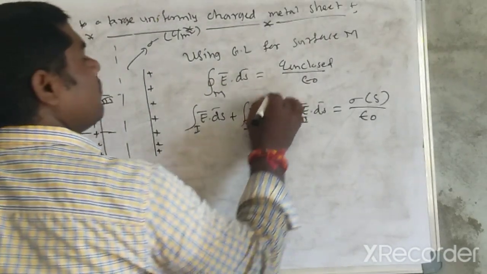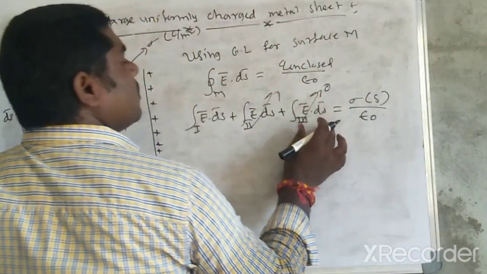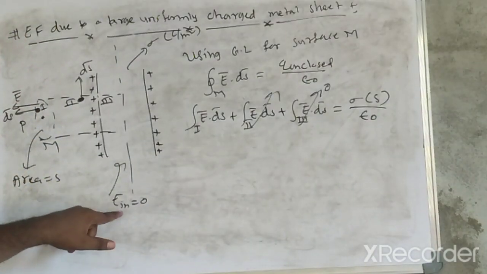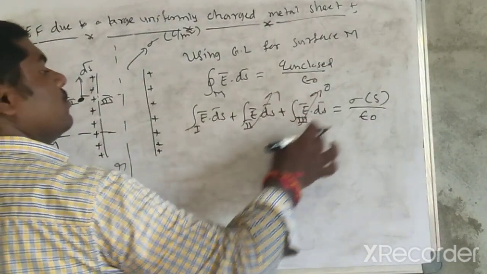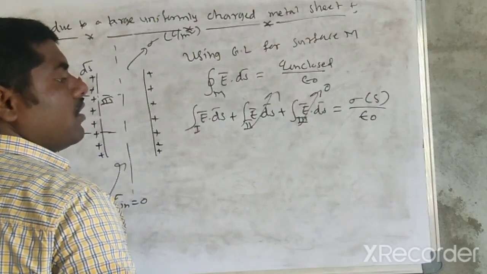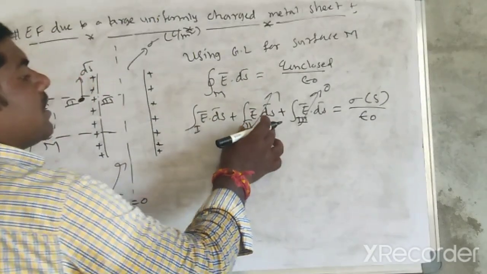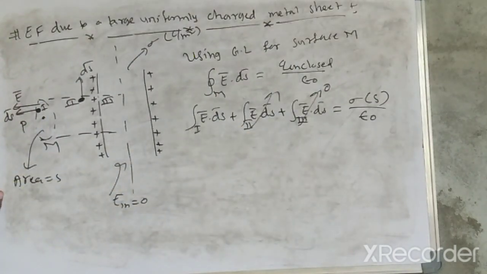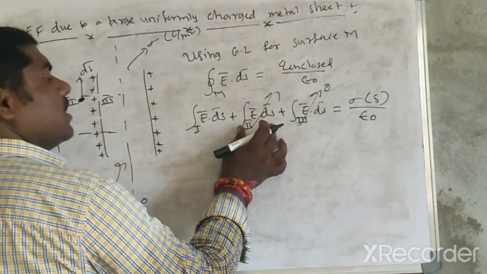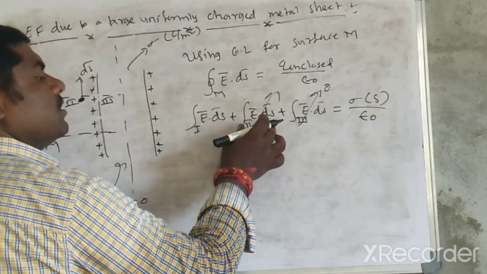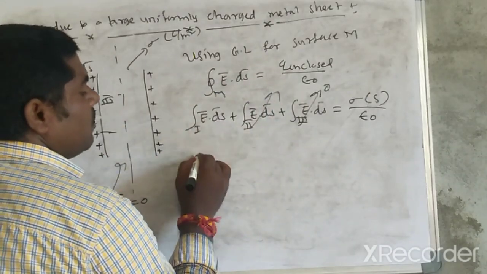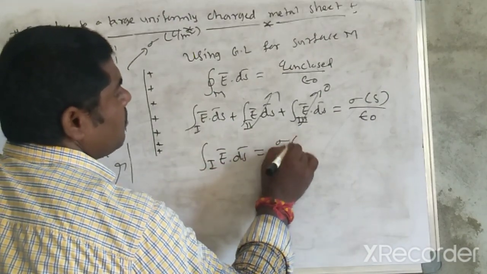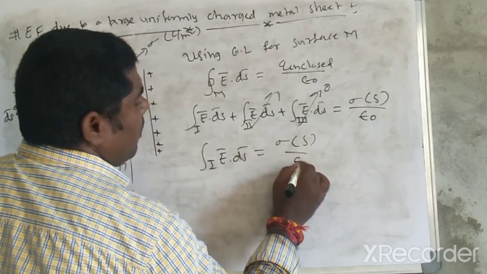The second and third terms become 0. For the third region, inside the electric field becomes 0, so the total integral of E dot ds is equal to 0. For the second, the angle between electric field and ds is 90 degrees, so the second region also gives 0. The integral of the first E dot ds is equal to sigma into S divided by epsilon naught.